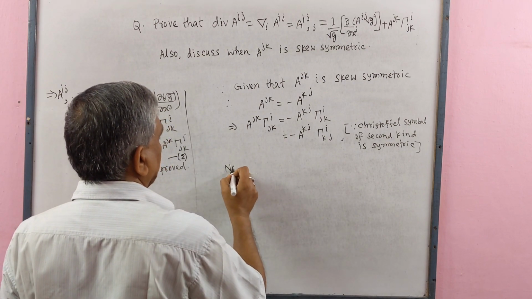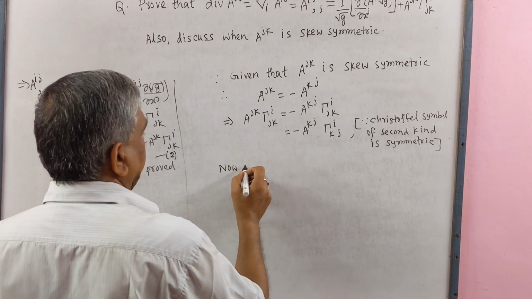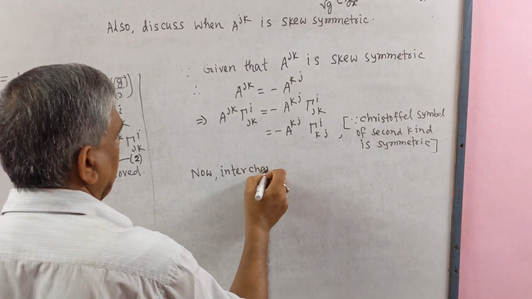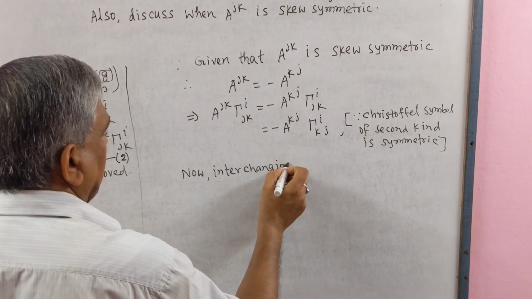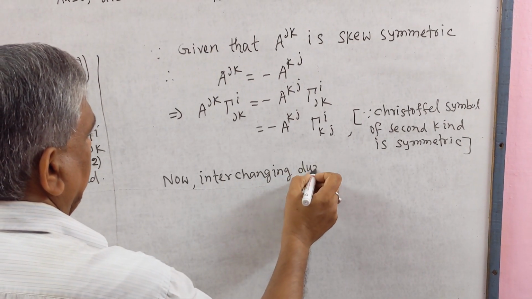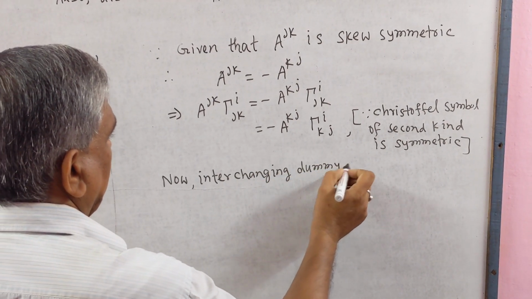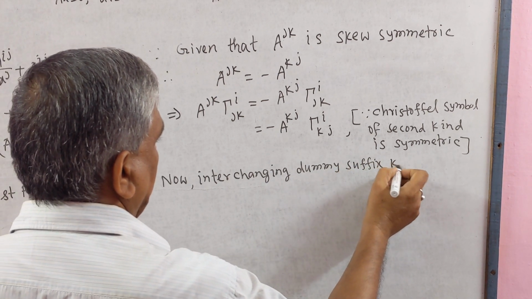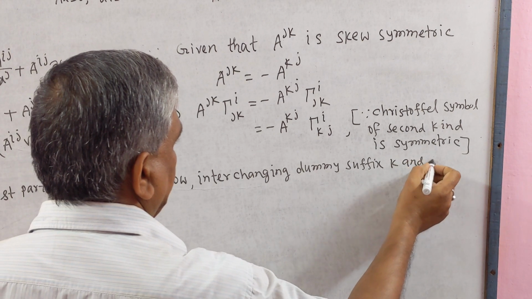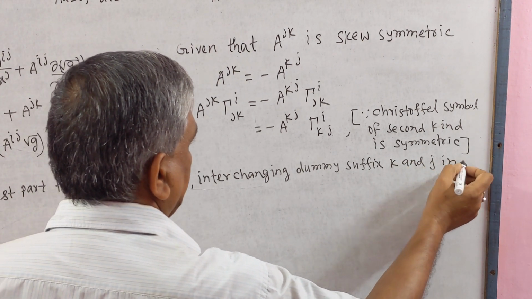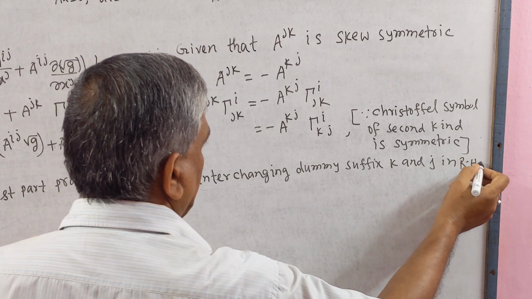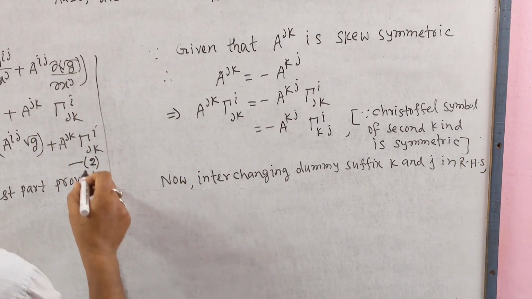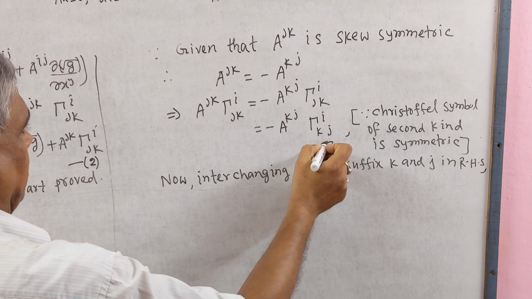Now interchanging the dummy suffixes k and j in the right side. This is number 2, this is number 3.